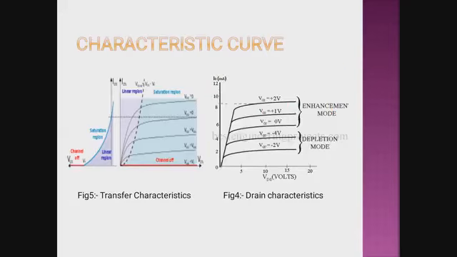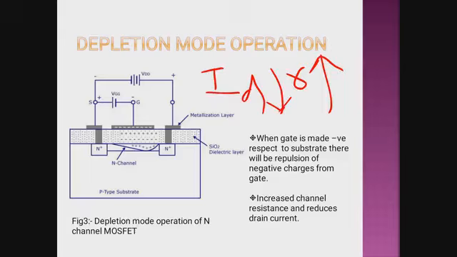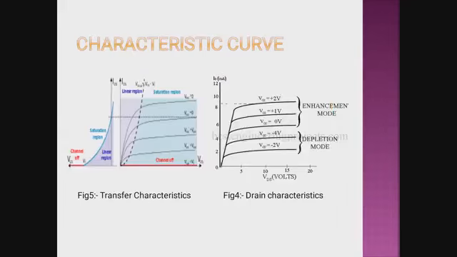This is the characteristics curve. This is the drain characteristics curve, because we have already seen that the drain terminal is the output terminal. Why? Because the majority carriers leave from the drain terminal and enter towards the source terminal.